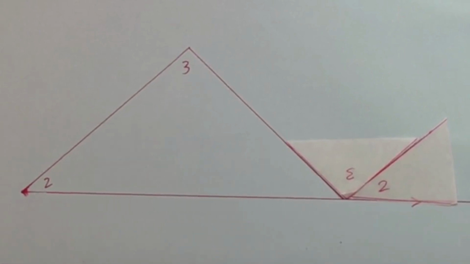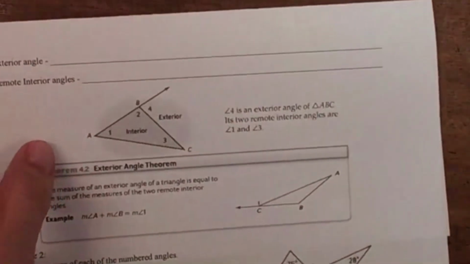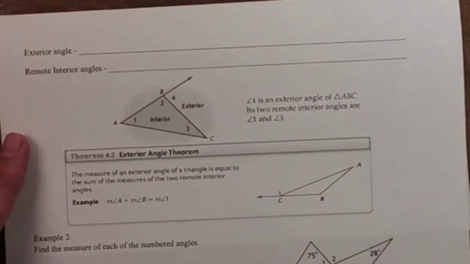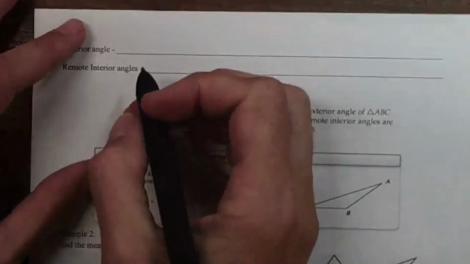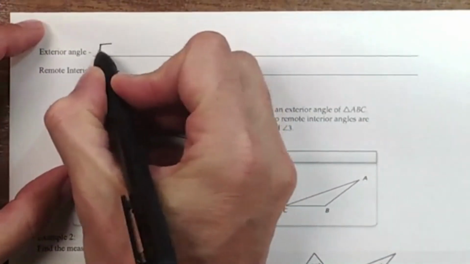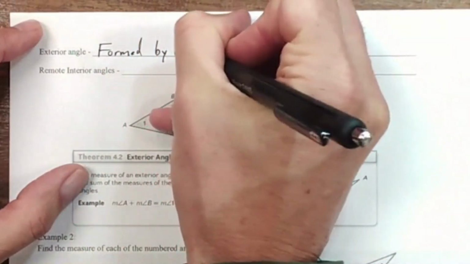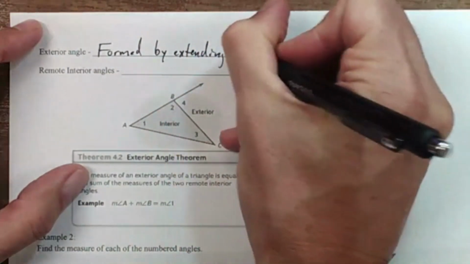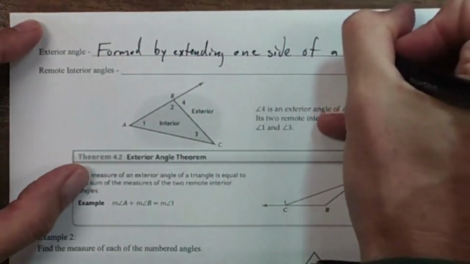And so now I'm going to define what an exterior angle is and a remote interior angle. What we learned just from that nice little movement of paper is that the exterior angle, luckily, is the sum of the remote interior angles. So once again, an exterior angle is formed by extending one side of a polygon.